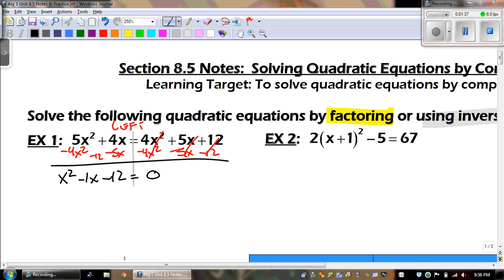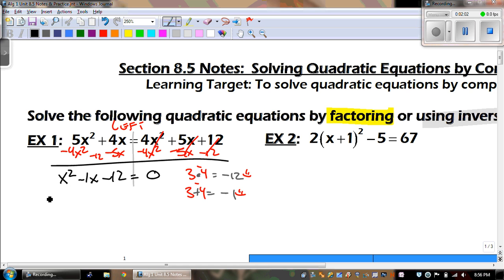Well, now we have to think of numbers that multiply to get negative 12 and add to get negative 1. What numbers are those? Hopefully you're saying 3 and 4. But which one's negative? Well, the 4 has to be negative because it's a negative 1.